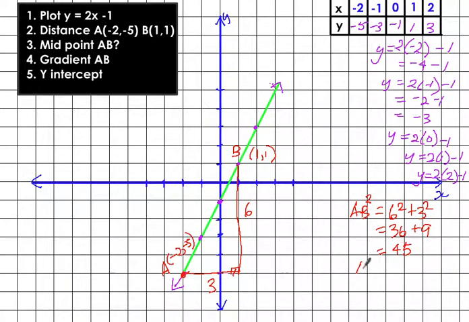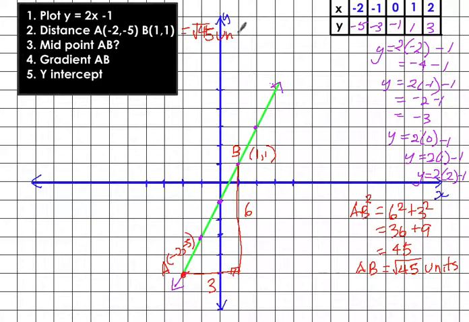So AB is equal to the square root of 45 units. I'm not going to use my calculator, I'll just leave it at that. If the question had asked for decimal places, you would have, but it hasn't, so we'll just leave it. So this distance here is the square root of 45 units.